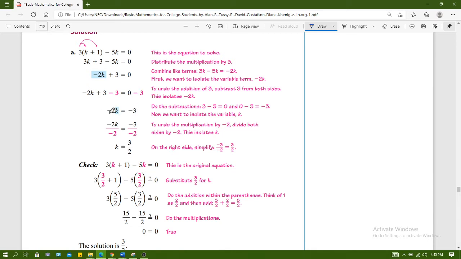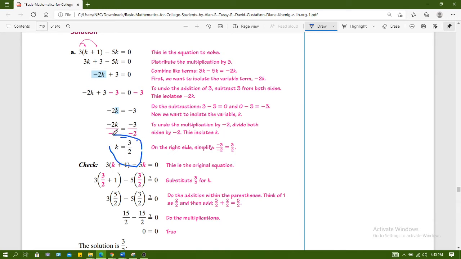Since this is a whole number, you apply what property? Division property of equality. So, negative 2 will be the divisor of both left and right sides. So, negative 2 divided by negative 2, that is k, and negative 3 divided by negative 2 will be positive 3 halves.